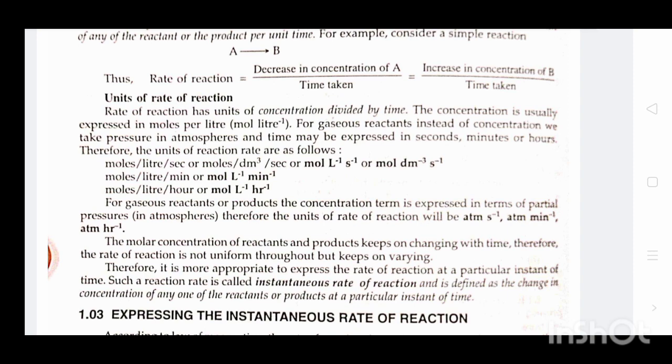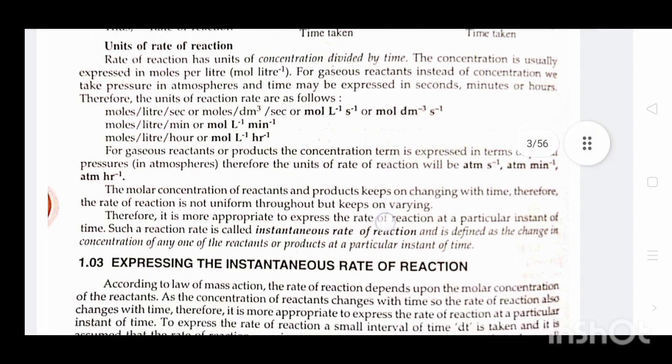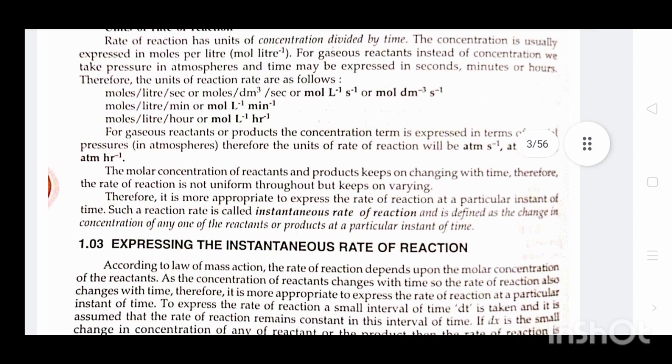Therefore, the units of reaction rate are moles per liter per second, moles per liter per minute, or moles per liter per hour. For gaseous reactants or products, the concentration term is expressed in terms of partial pressure.